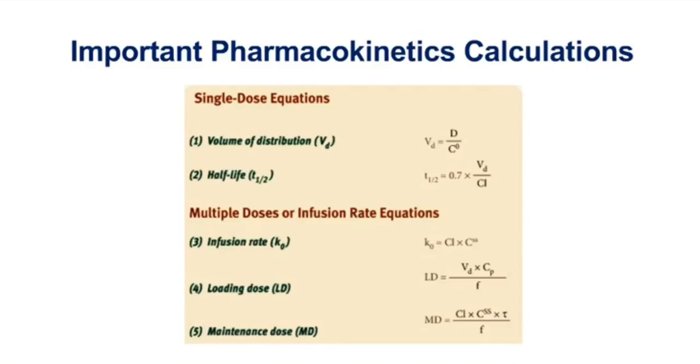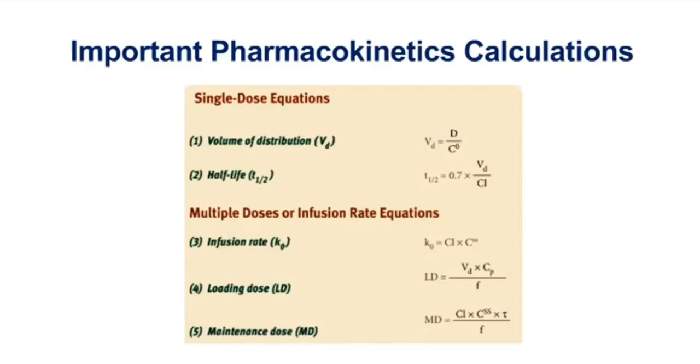Now, let's focus on the differences. Do you notice how maintenance dose involves renal clearance and loading dose volume of distribution? I like to think about it this way. If I'm going to dose somebody day after day after day with a maintenance dose, I need to know renal function. I want to know clearance if I'm going to dose them day after day.